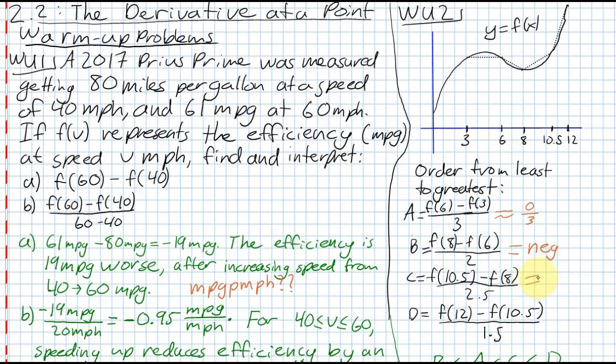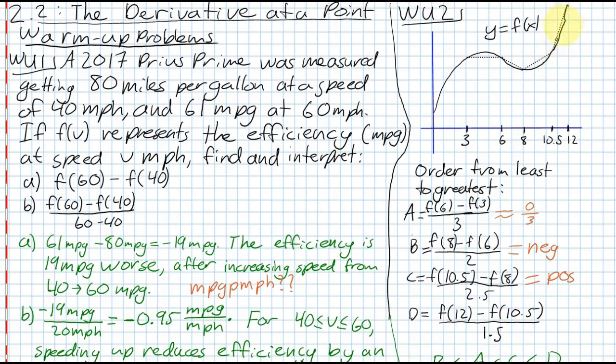And f of 10.5 minus f of 8 gives you the slope here. That's a positive slope because you have a positive change in y and a positive change in x. So that's positive. And then let's look at D. That's the slope from here up to here. And this is positive also, but it's also steeper.